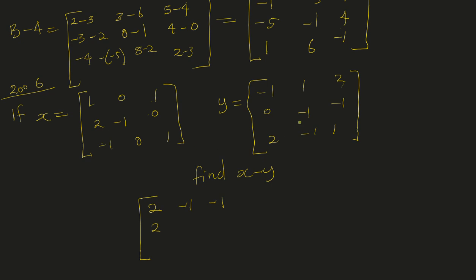Minus 1 minus minus 1, that is 0. 0 minus minus 1, that is 1. Minus 1 minus 2, that's minus 3. 0 minus minus 1, that is 1. 1 minus 1, and that is 0. You can see that now. Very simple and straightforward.